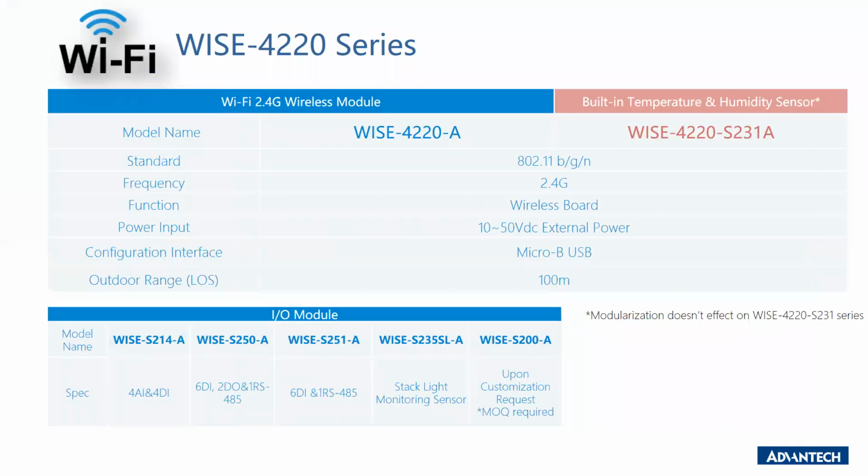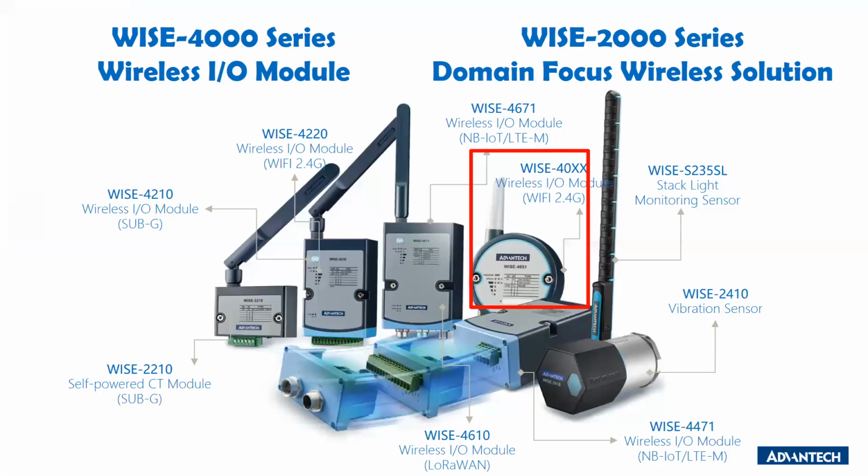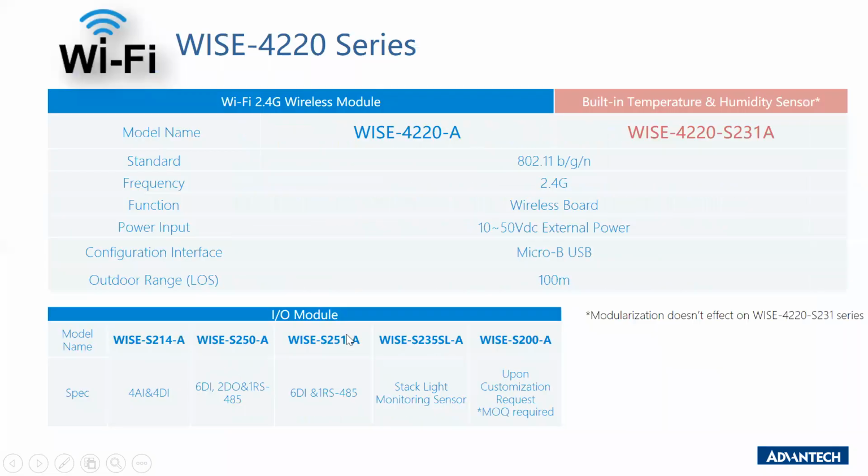The 4220 is where we get into this range. I'll just show you this picture. It's not the one that's got the red square around it, but up here, this WISE 4220. This is where you get into the interchangeable physical interface options.